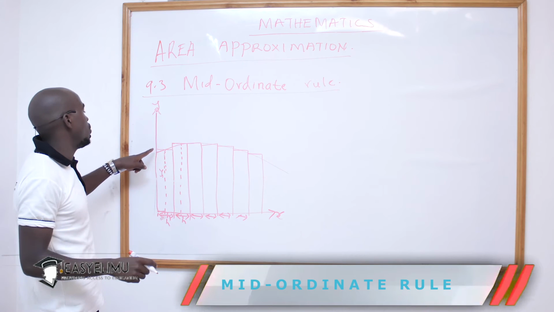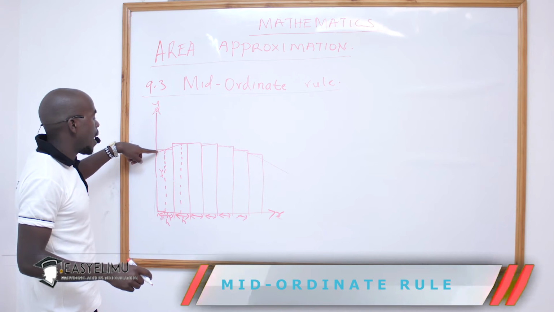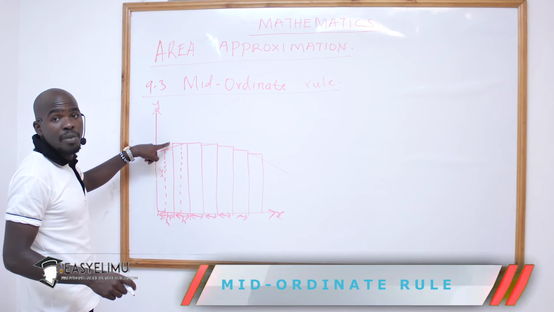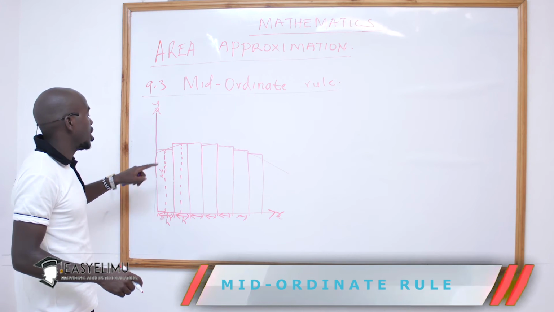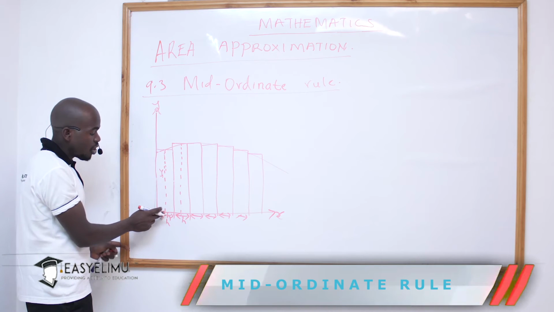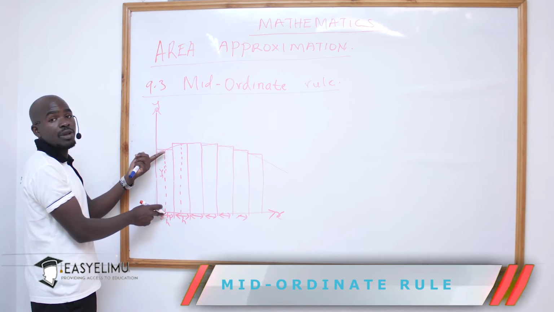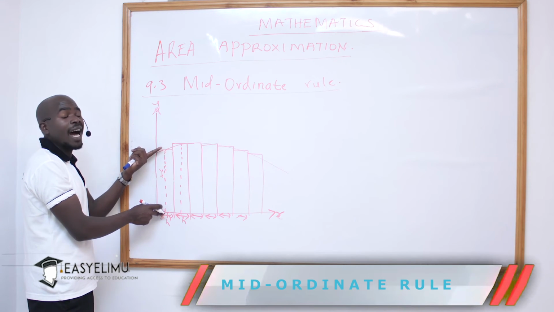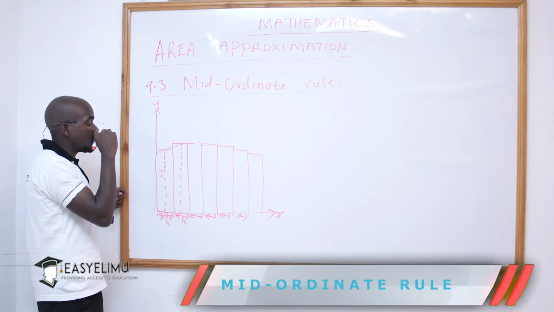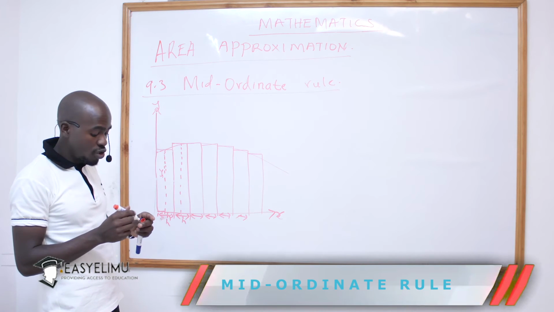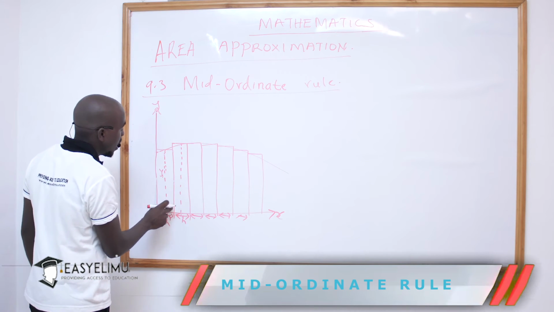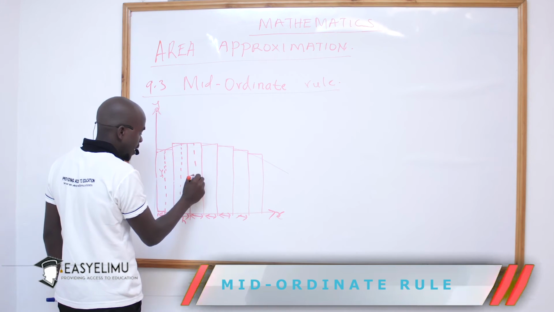The best one should be like this: it is above and also below the curve. That is the best rectangle to be drawn. After drawing that, the mid-ordinate line should touch the place where the rectangle cuts the curve. At that point you draw your vertical line, and it should touch your base. Then you continue with the others up to the end.